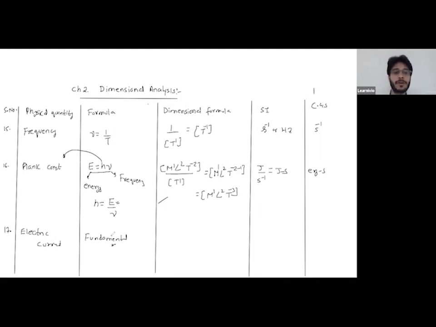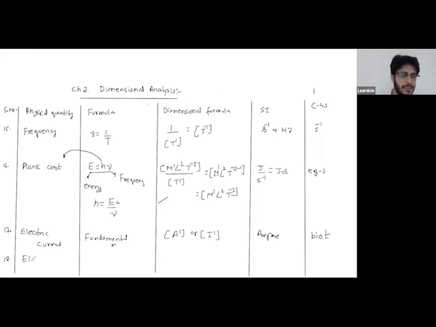It's one of the 7 fundamental quantities. Its dimensional formula is A1, or you can simply write this as I1. Some authors may use I1 for it. SI unit is ampere. CGS unit is biot. This is the CGS unit of current.